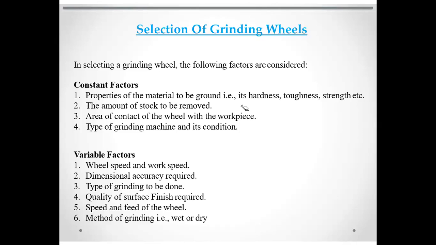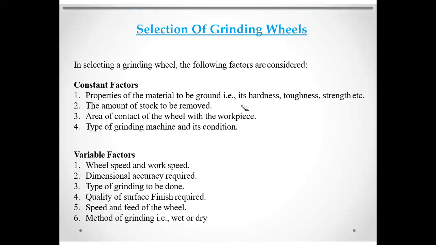But in other cases, your surface is already smooth from milling or some other operation, and you just need to increase the surface finish. In that case, you need a lower material removal rate. So whenever you are choosing any grinding wheel, all these things matter: whether you are using the grinding wheel only for finishing, or whether you need to remove material. So that is the amount of stock to be removed.